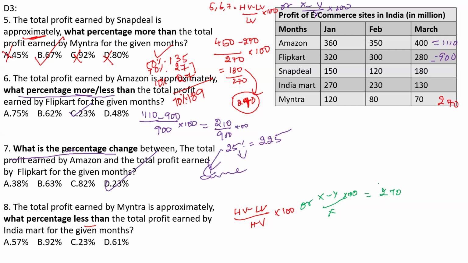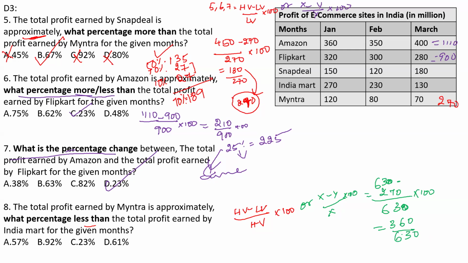We just need to find the difference. So 630 minus 270 divided by the higher value, 630, into 100. The 630 minus 270 gives an answer of 360. Within 10 seconds, you can answer it.